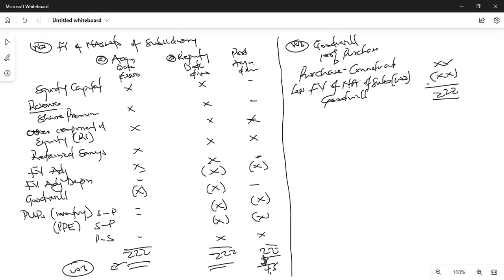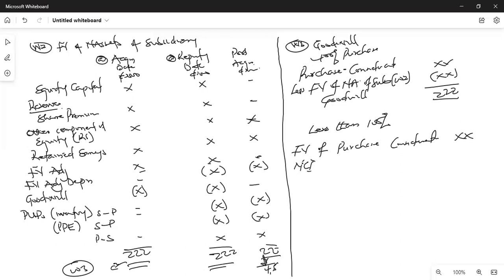But let's be realistic. You are not going to be given a question where it is 100%. You are always going to be given less than 100%, but more than 50%. So what that is going to do to you is that you need to go ahead and bring in the fair value of your purchase consideration. Okay, and since you did not buy all, we need to bring in the NCI, the non-controlling interest.